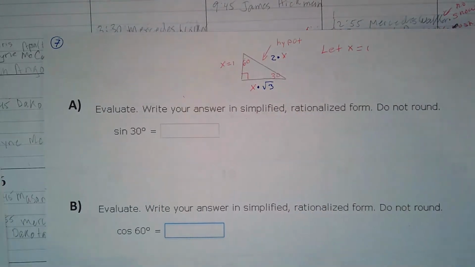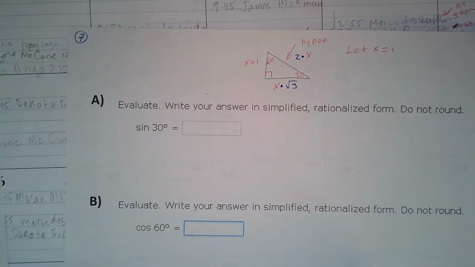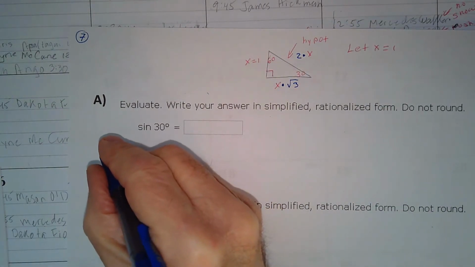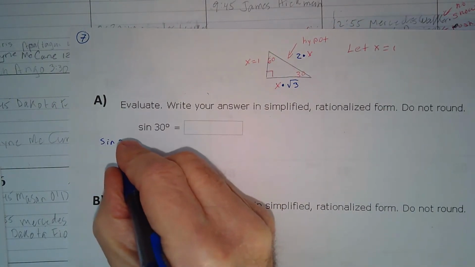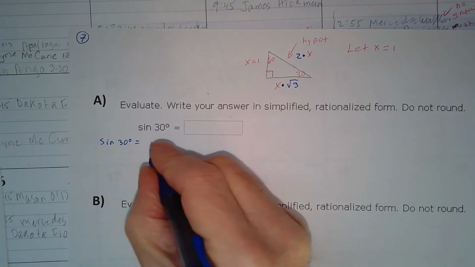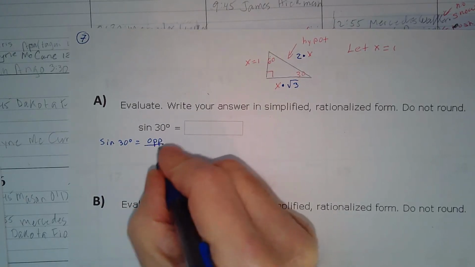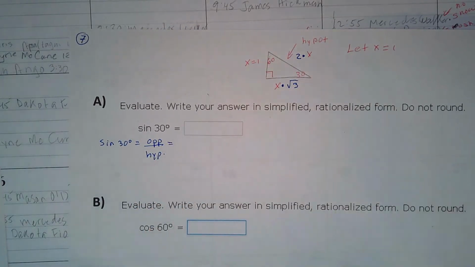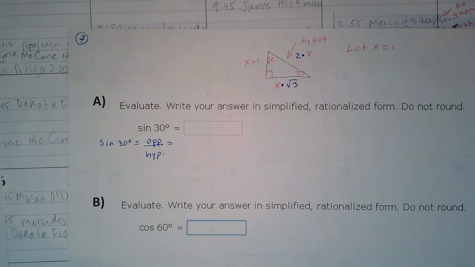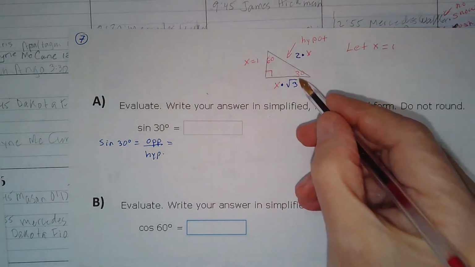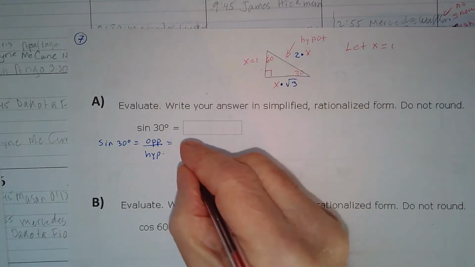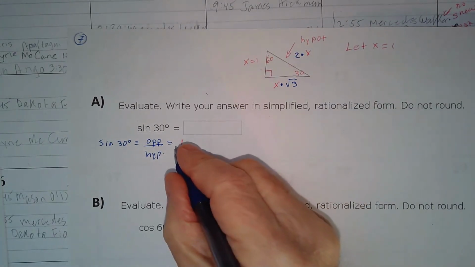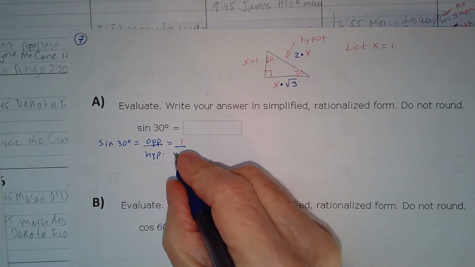All right? Okay, so sine of 30 degrees is going to equal opposite over hypotenuse. And that's going to equal x, we said, was 1. Opposite is x equals 1. So 1 over the hypotenuse.